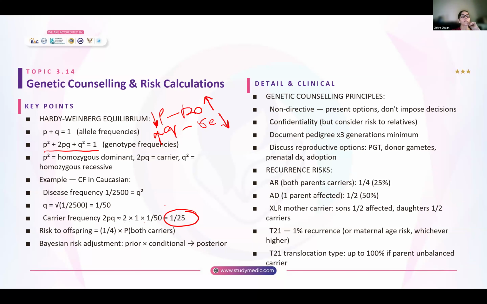That is how this equation helps you to calculate the genotype frequencies for any given disease. Even if only one value is known to you, you can easily calculate all the other values. From an exam point of view, I have not seen any such question, because the carrier frequency or the disease frequency in the general population will all be given to you in the exam.